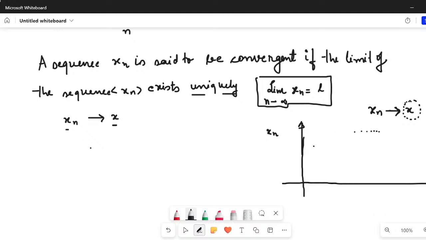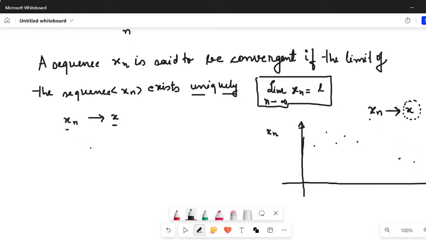Now what is happening? Let's say x1 is this, let's say x2 is this, let's say x3 is this, let's say x4 is this, let's say x5 is this. Okay, and let's say x6 is this, let's say x7 is this.